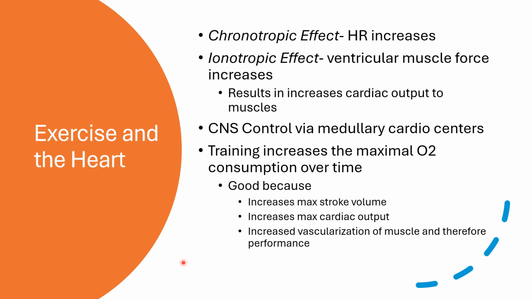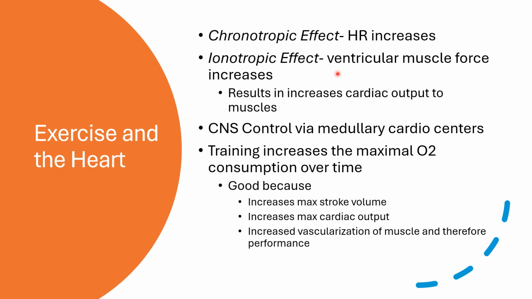Why do we exercise? We exercise because we are trying to balance the efficiency of the heart. As we talked about before, we want to increase cardiac output to the muscles because typically if your afterload is high, you're going to decrease cardiac output, right?